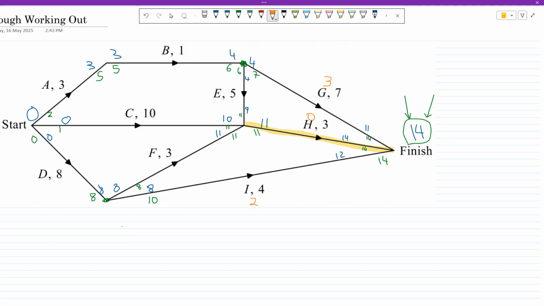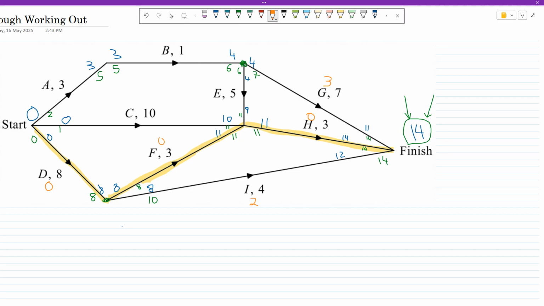Look at F. Earliest start time 8. Latest start time 8. This is 0. This is also on the critical path. It's float time of 0. Absolutely no delays can be accommodated for activity F. And look, 0, 0, so this is clearly also part of the critical path, and this will have a float time of 0.